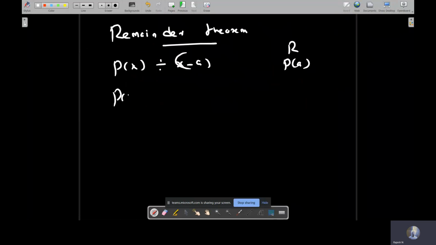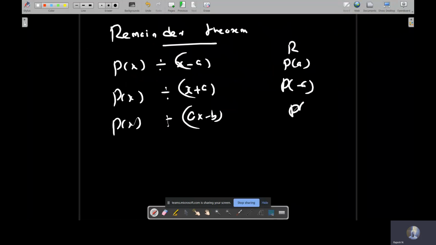If p(x) is divided by x plus a, then the remainder is p(minus a). If the polynomial p(x) is divided by ax minus b, then the remainder is p(b by a). If the polynomial p(x) is divided by ax plus b, then the remainder is p(minus b by a).